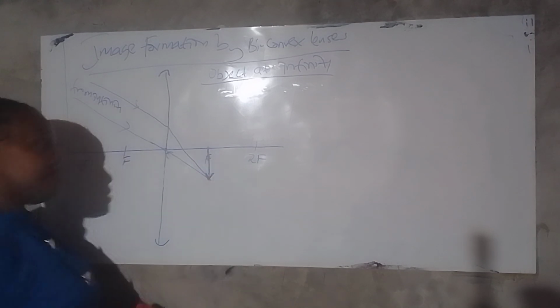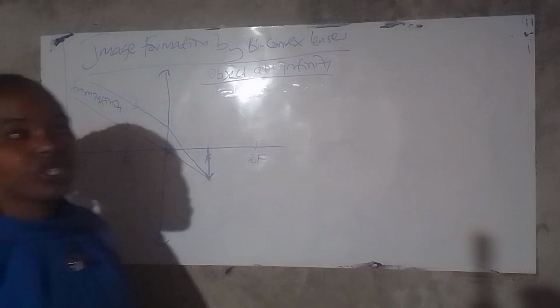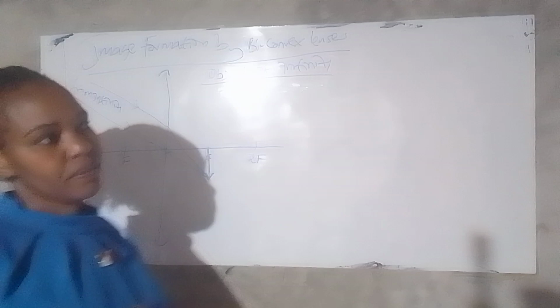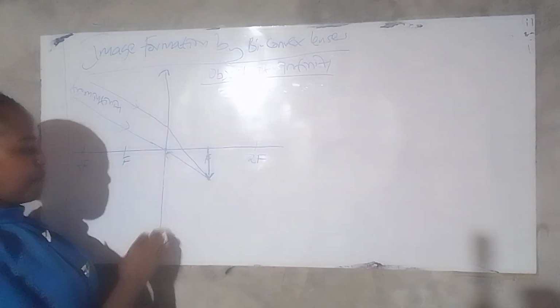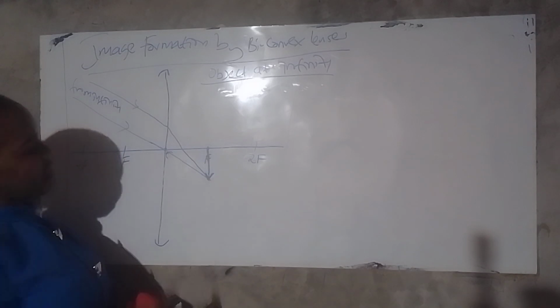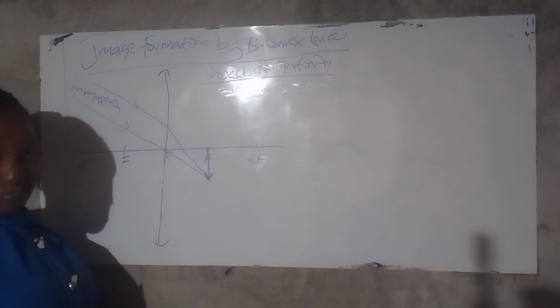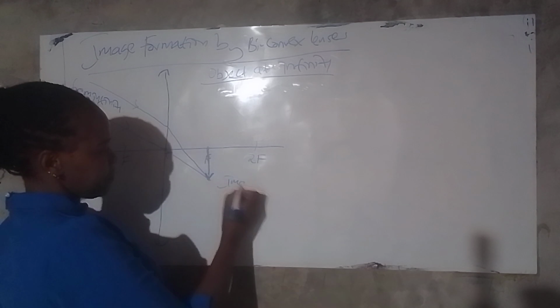Okay, like that. So what can we say about the image formed by the lens for an object that is at infinity? One, that image is formed at the principal focus. So let's write the image characteristics.